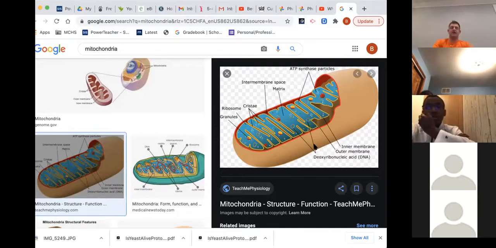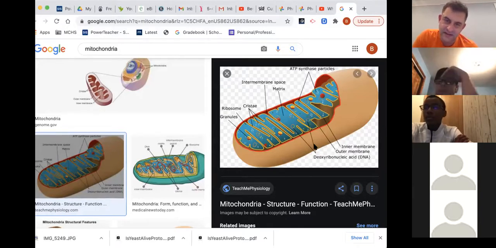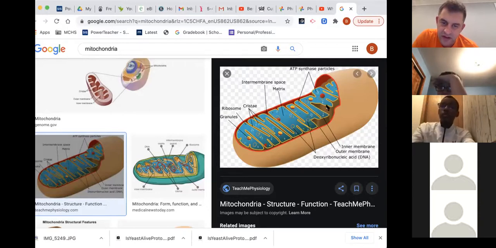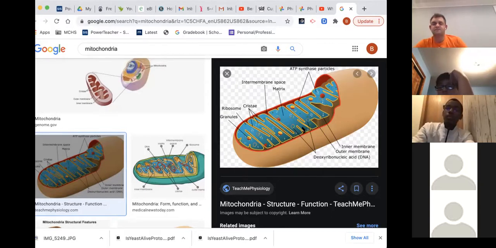All those do is increase the surface area for cell respiration to take place, okay? So when we talk about the ATP synthase, and where the ETC is occurring, it's at the inner membrane, the inner membrane and the intermembrane space, okay?